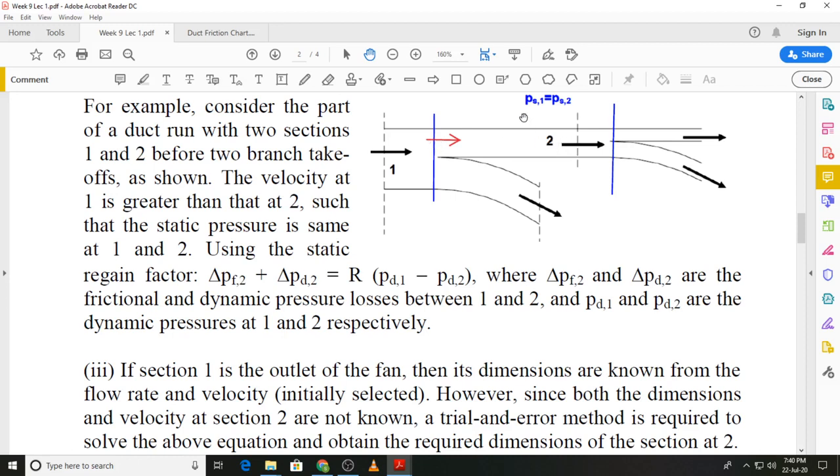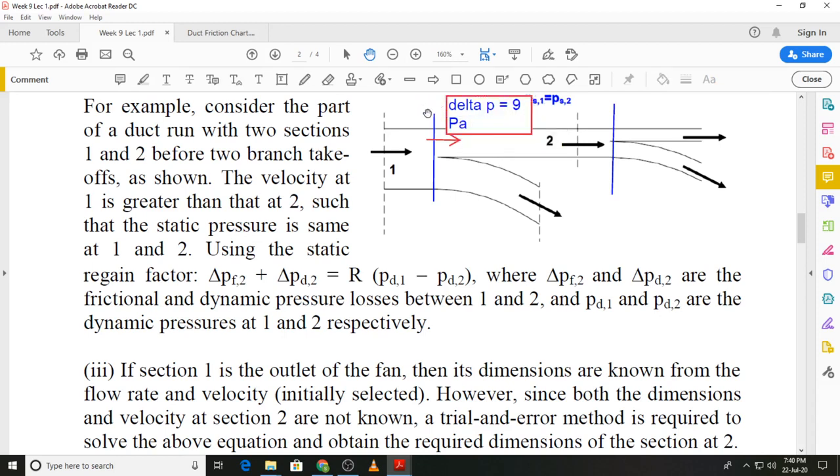So if there is a pressure drop over here, I'll just call it delta P, and that is equal to 9 pascals. So what will happen as a result of this?